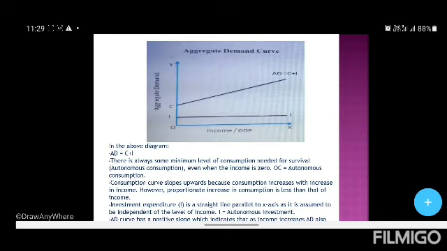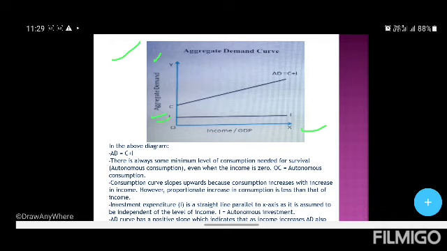Diagrammatically, we can see here on the y-axis we have aggregate demand and on the x-axis we have income or the GDP. Investment, we have seen, is autonomous investment; it is not increasing or falling as income increases. It is constant. Therefore, it is denoted by this horizontal line.